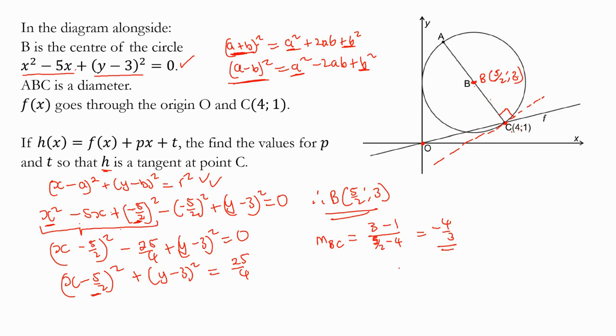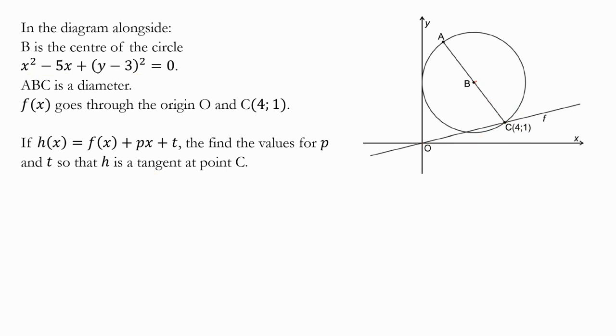Now let's move on to the next part. We said the coordinates of B is 5 over 2, 3, and the gradient of BC is equal to negative 4 over 3. So now we have the gradient of BC, meaning that we can find the gradient of the tangent, because the gradient of the tangent is the negative reciprocal of the gradient of BC.